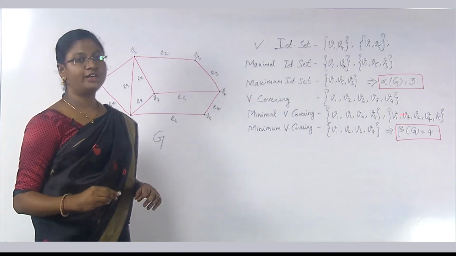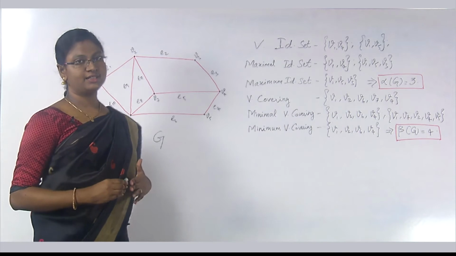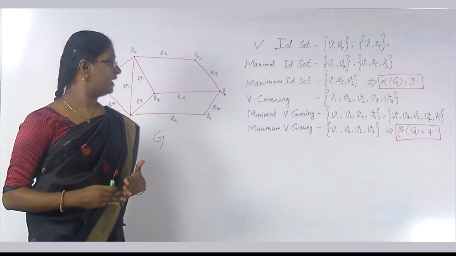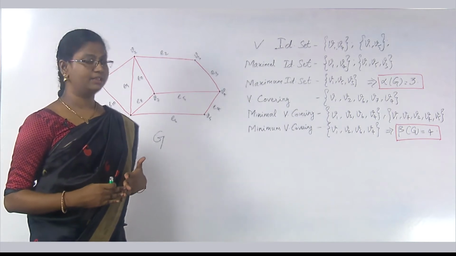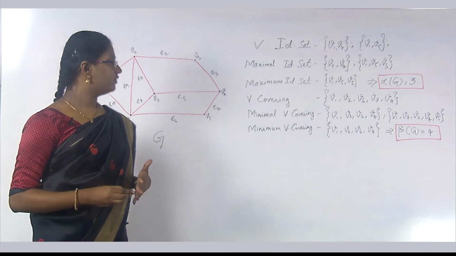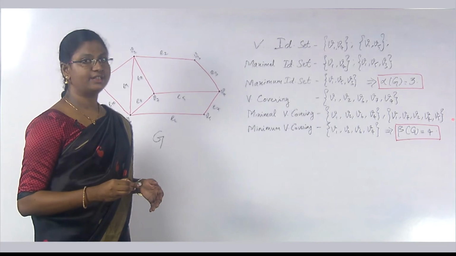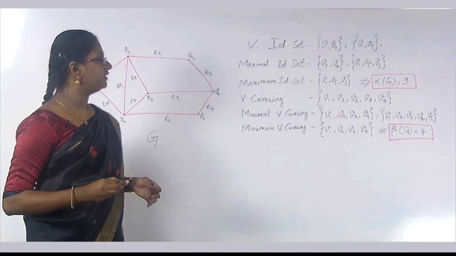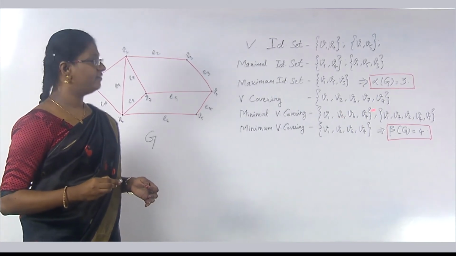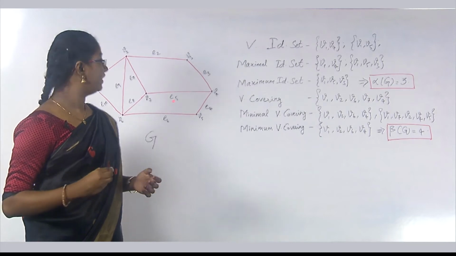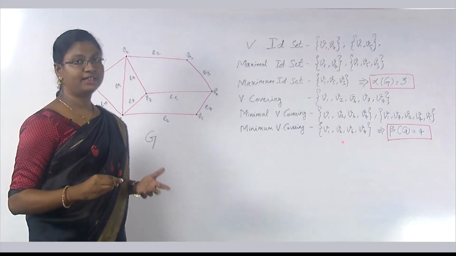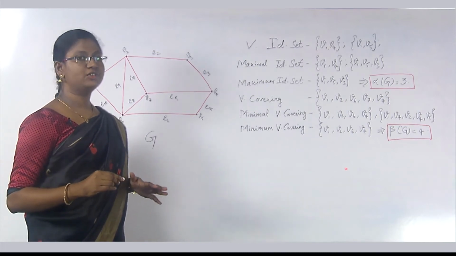As I already told you, here we are interested in finding the minimum vertex covering number or minimum vertex covering set. Here we have a covering that contains 5 vertices, we also have a covering that contains 4 vertices, and we cannot find a vertex set that contains only 3 vertices that covers all the 10 edges.